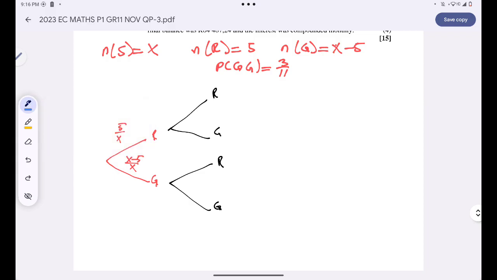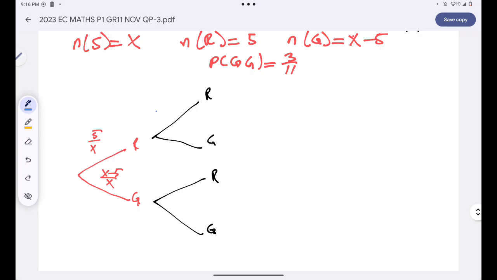However, now the sample space has changed, because after you select a ball, you do not take it back. You just place it outside and then go for the other ball. Are you together? So it simply means that the sample space will be short of one ball. So we'll just divide by X minus 1, because the number of balls in the sample space has decreased.